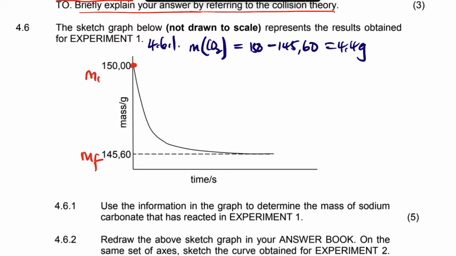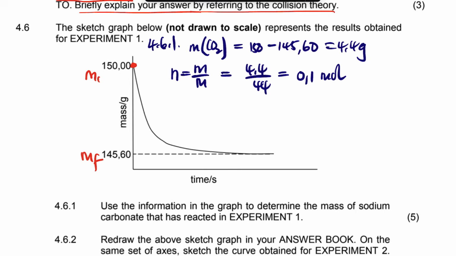So from getting that mass, I can change this mass of carbon dioxide into number of moles. The molar mass of the carbon dioxide is 44, and when you punch that in the calculator, it will be 0.1 mole, right?